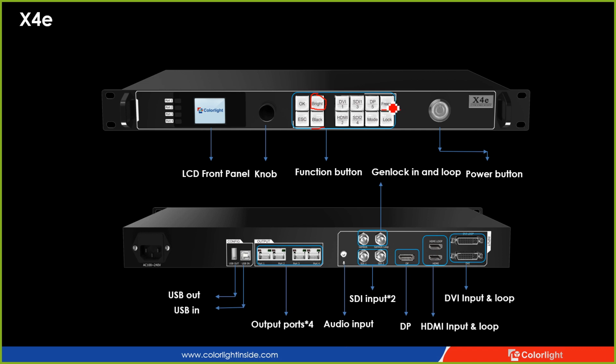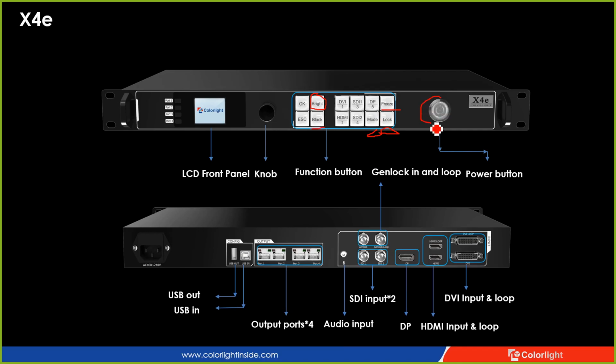So once you press this button, the image on the LED screen won't change unless you unlock it. And this lock button is to lock this X4E. Sometimes when we don't want to let any other people touch our device, we will use this lock to lock the X4E. And about the mode, there are numbers 1, 2, 3, 4, 5. I will explain this to you later with a live demo.